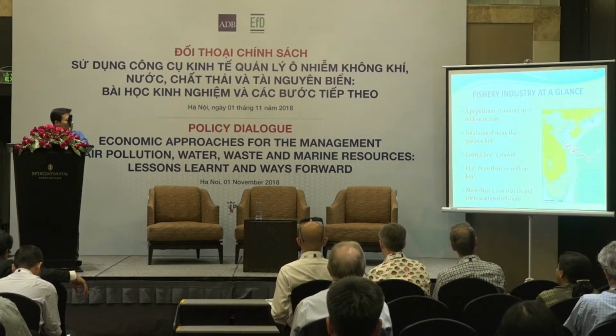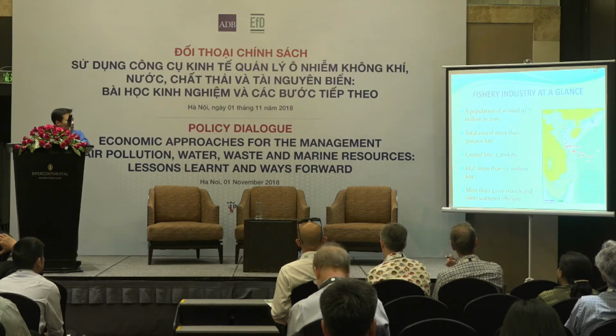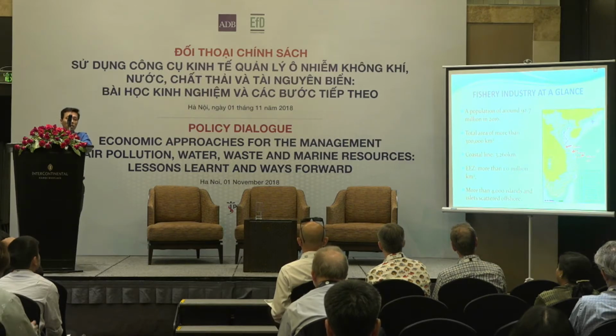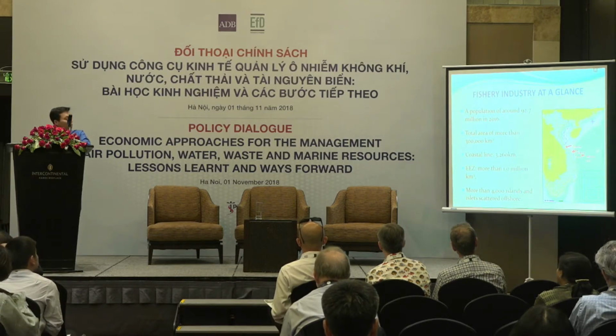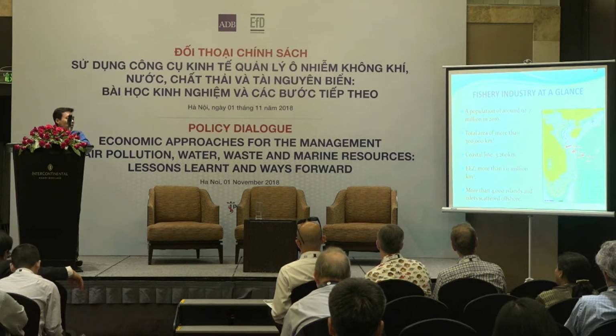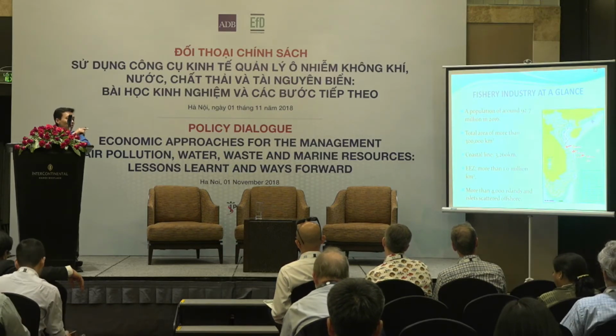This map indicates our fishing areas. In Vietnam we divide them into 3 fishing areas: the coastal area, the inshore area and the offshore area. So we divided by different zoning areas, which comes from our decree. Just to remind you that our fishery law was established in 2003, and this map follows our fishery law.